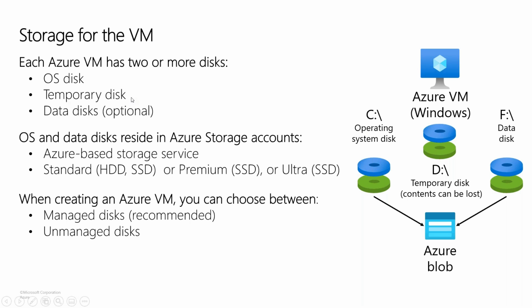If you restart that machine, the data or files stored in this temporary disk will be lost. And you have the provision to add additional disks. We can add some data disks to the existing VM, which we are going to see today.